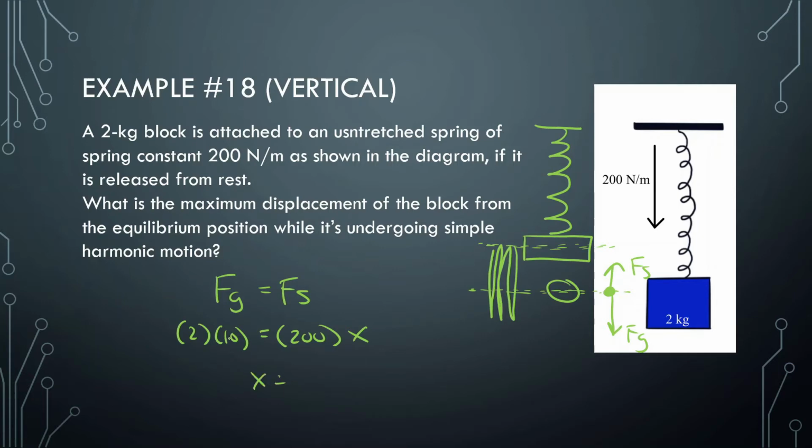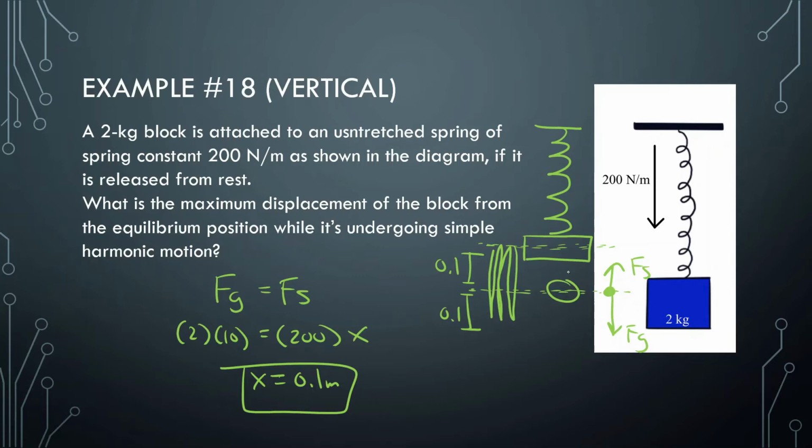So we have 20 divided by 200, and what we get is 0.1. That means if we release it here, it's going to go 0.1 past the equilibrium, then come back up 0.1, and just oscillate forever like that, 0.1 meters away from the new equilibrium position.